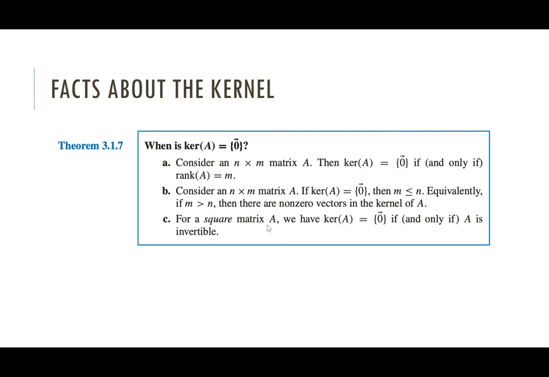This follows from what we had before, except now it's an n by n matrix. You're going to have the kernel being 0 if and only if the matrix has full rank. And we've seen before that full rank means that the matrix is invertible. And that's an if and only if.